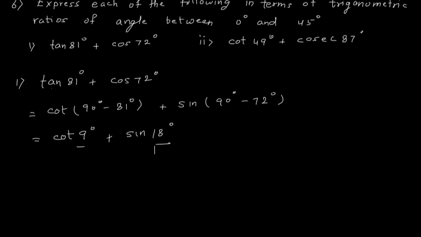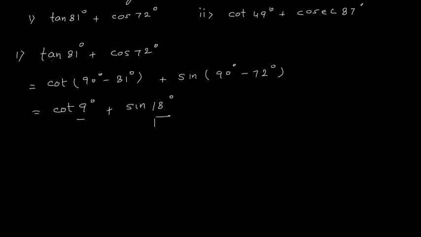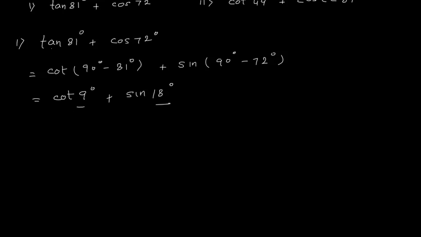In the same way you can solve the second question. The second question is cot 49 degree plus cosec 87 degree. What you do here, you will convert this cot in tan so that the angle will become less than 45 degree.